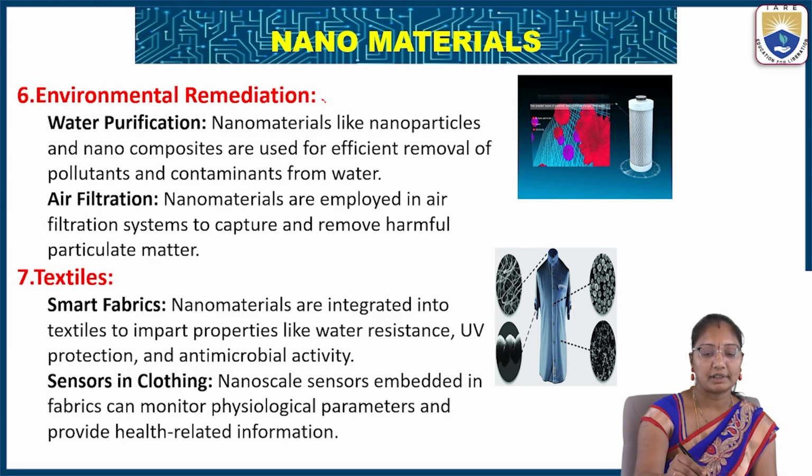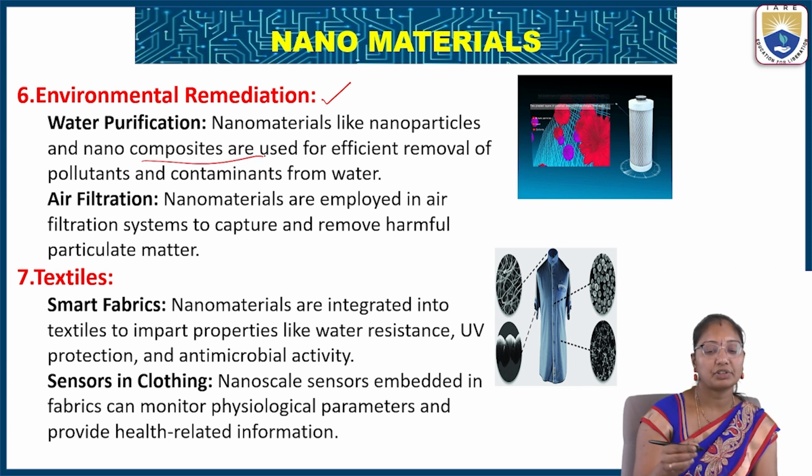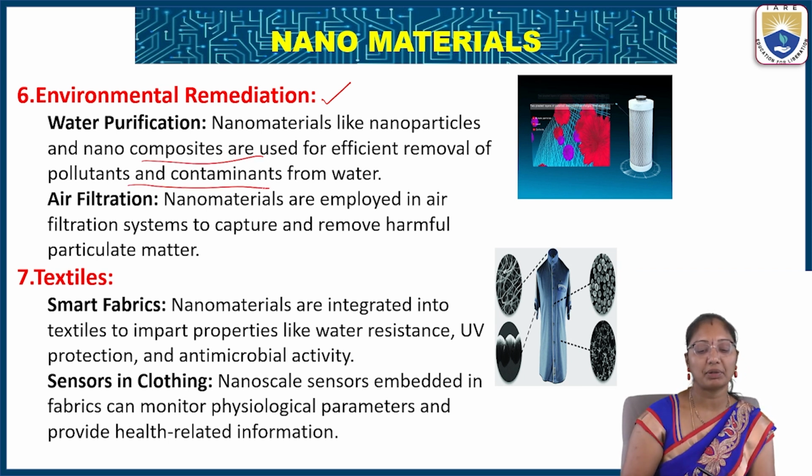Next is environmental remediation. These nanoparticles and nanocomposites are used for efficient removal of pollutants and contaminants from water. Generally, alumina granules, small balls, are coated with the nanoparticles. Then the polluted water is passed through this column.